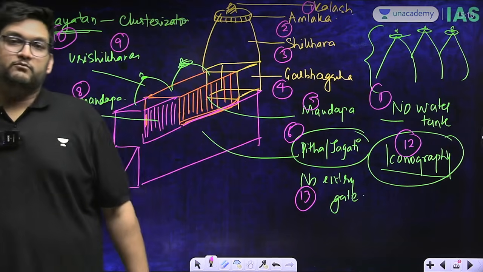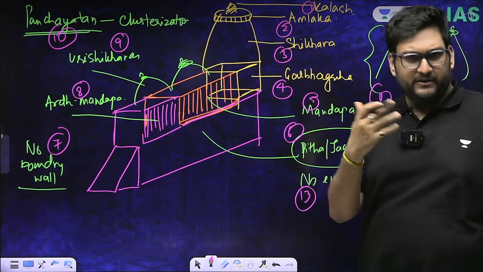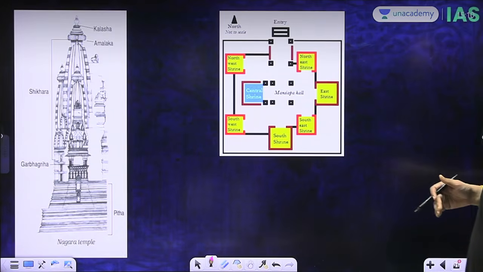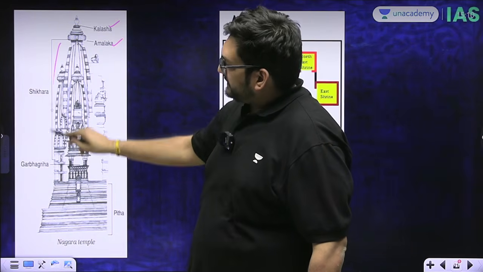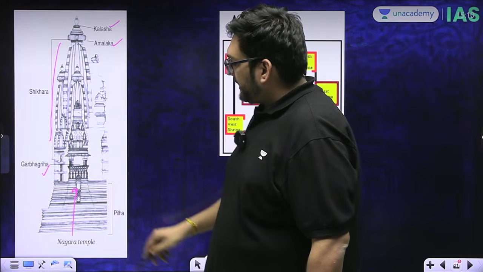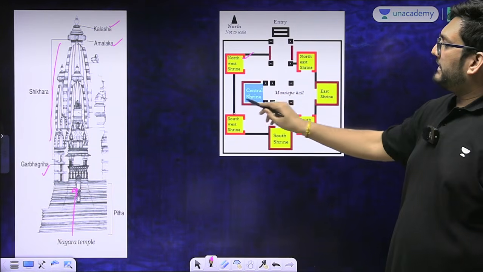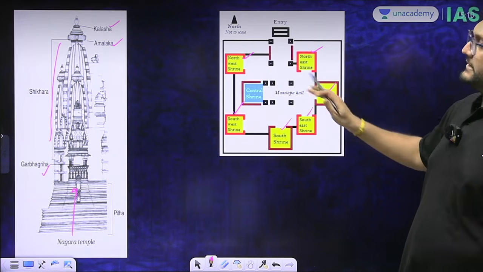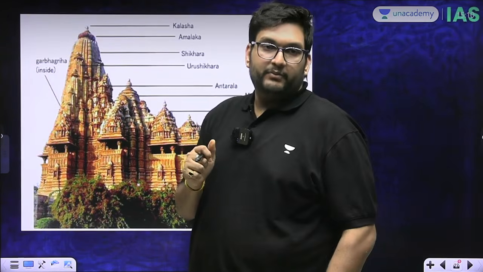This you will see in most cases in all the temples in Nagara. There are exceptions also in Nagara, but if we talk about Nagara style, we have Kalash, Amalak, Shikhar, Garbhagriha, steps to go up because it is on a pitha or platform. Panchayatan, where there are multiple shrines along with the same one, but there will be clusterization. This is how a Nagara style temple actually looks.